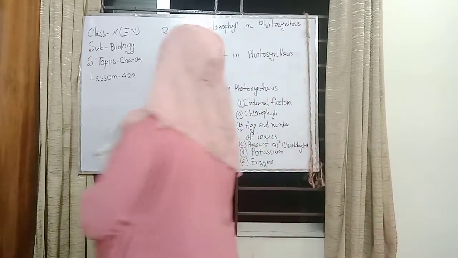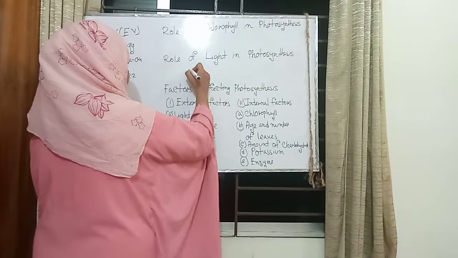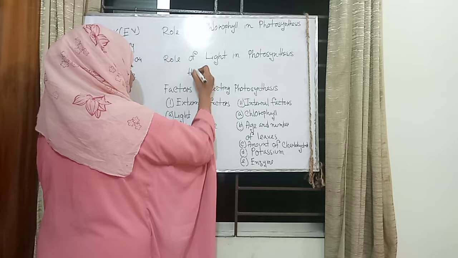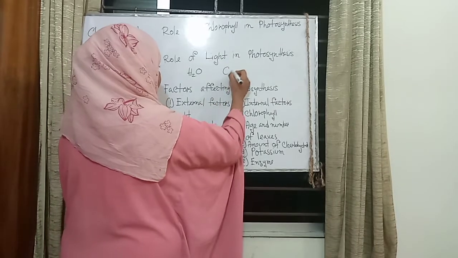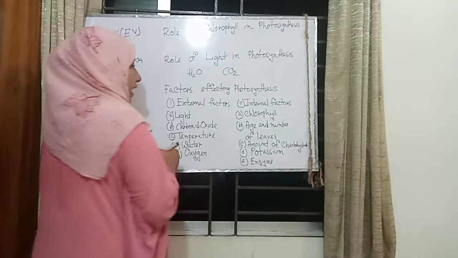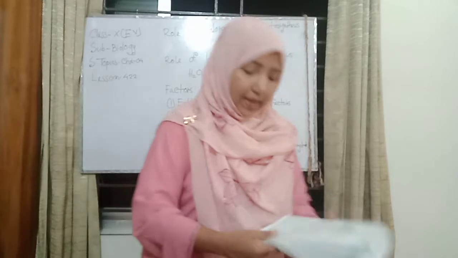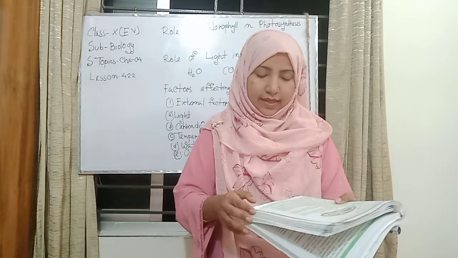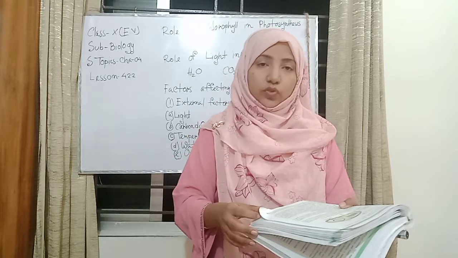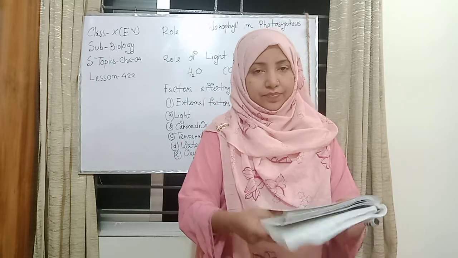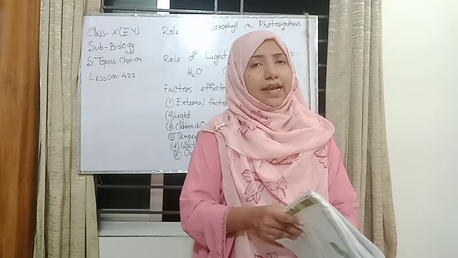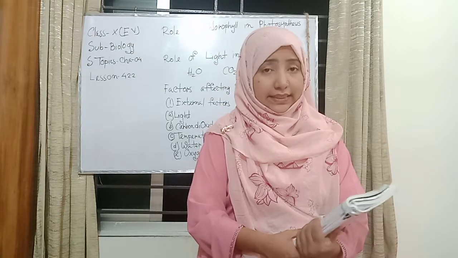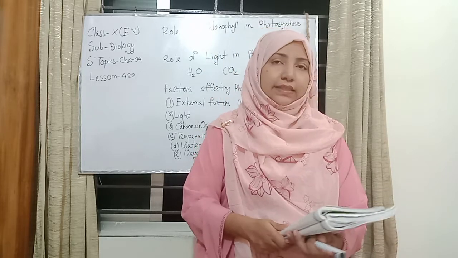The first requirement is water, H2O, and the second is CO2, also called carbon dioxide. For the production of carbohydrates from H2O and carbon dioxide, the required source is light, basically sunlight, and photons also take part in the process.